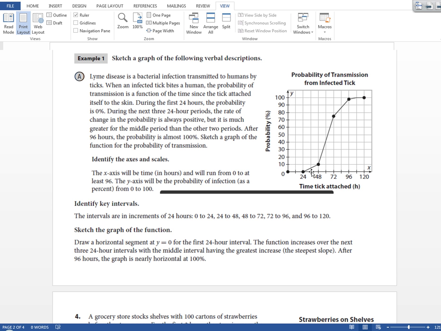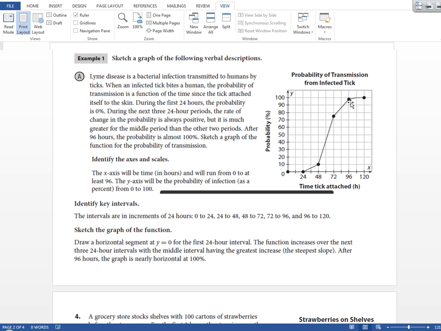So positive, positive, positive, but it's much steeper in the middle one, and then maybe the last one here. What about the end of the graph? It's almost 100%, right? So as you get out there to 96 hours, the probability is almost 100%. Okay, makes sense? So could we do better than that?